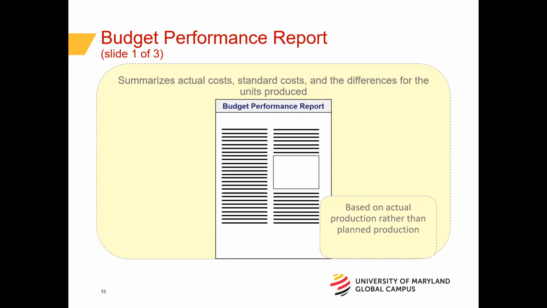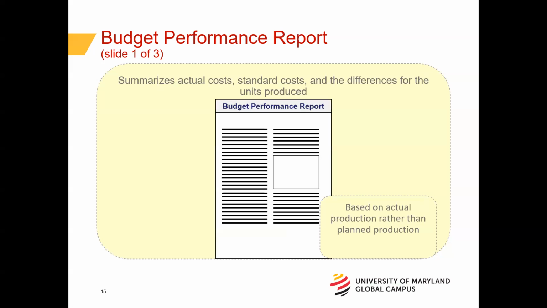How does all this look on a report? We have a report called the Budget Performance Report. This is a summary of actual costs in comparison to the standard costs, the differences between them, and the variance for the units produced.